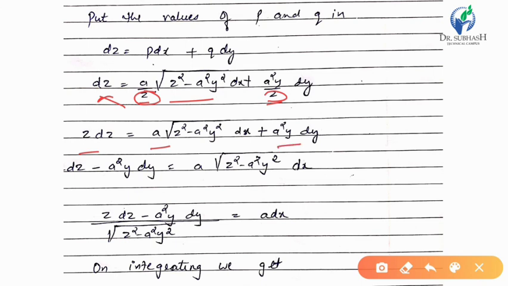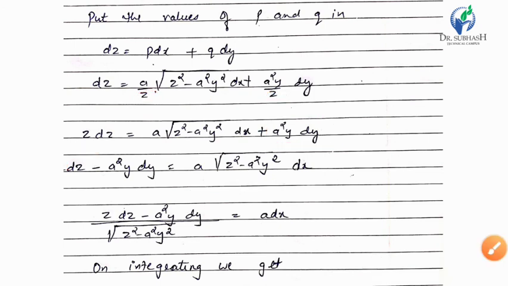Now I will take this dy term to the other side. So I get z dz minus a square y dy equal to this term. And I will take this whole term to the denominator. So I get z dz minus a square y dy upon under root of z square minus a square y square equal to a dx.